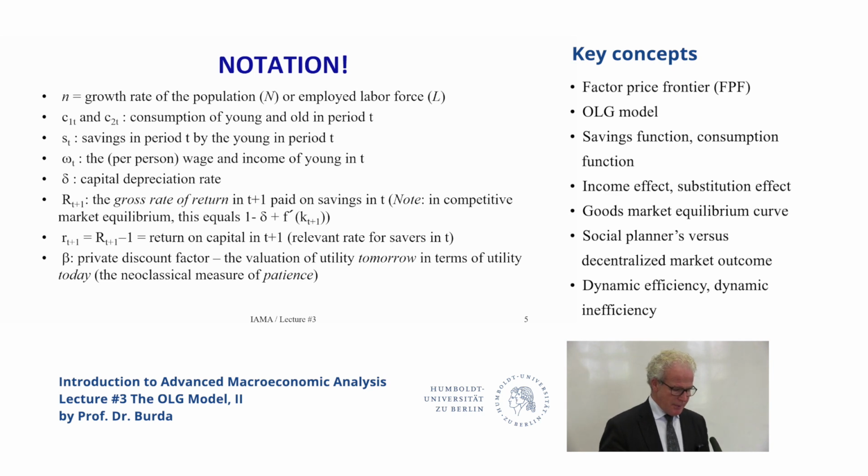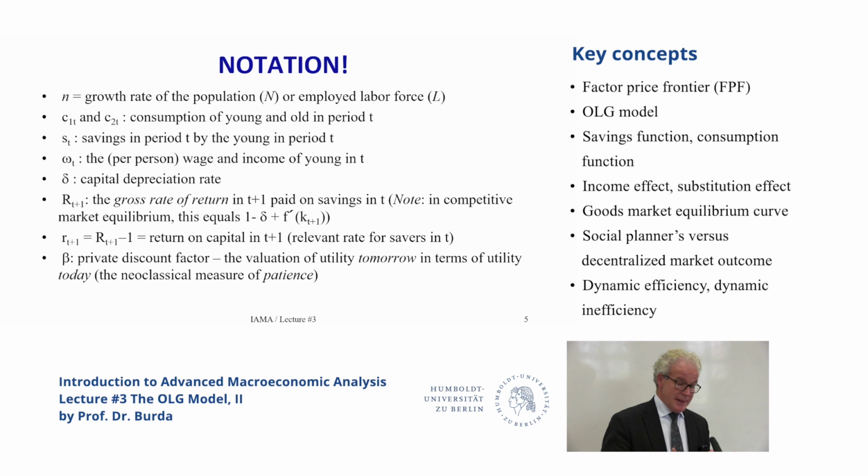Consumption in the first and second period, C1 and C2, at time t correspond to different agents. So C1t is the consumption of the young, and C2t is the consumption of the old at the same time. Both of those people have a claim on resources that are being produced today, because the stuff that's being produced today, per se, is either eaten or saved. And old people don't want to save. So you get the idea, okay?